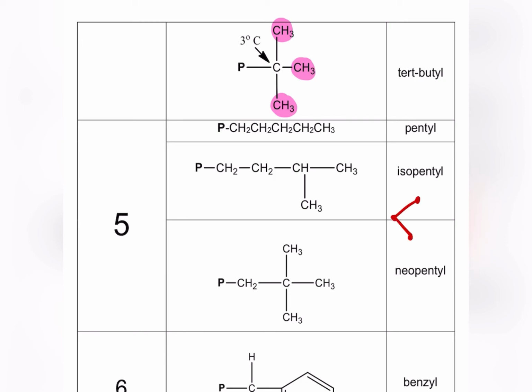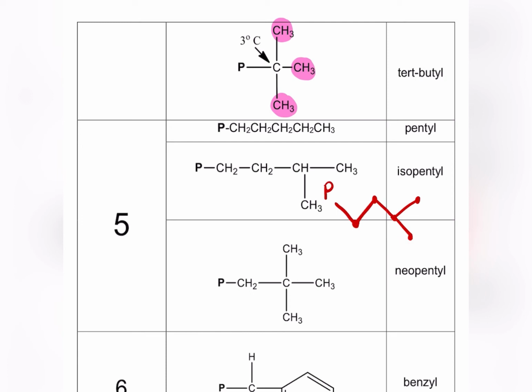So before directly attaching to the parent chain, you got 2 more carbons. So this is the first carbon, this is the second carbon, and enough for 5 carbon atoms. Now this one will attach directly to the parent. So this is how isopentyl looks when you draw it in skeletal structure.